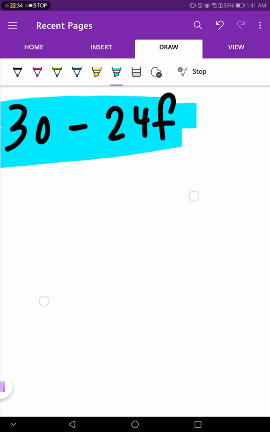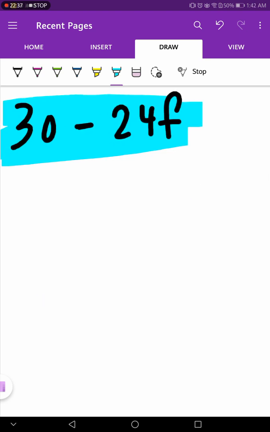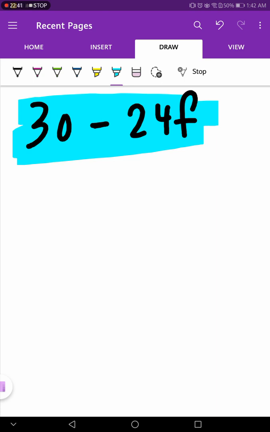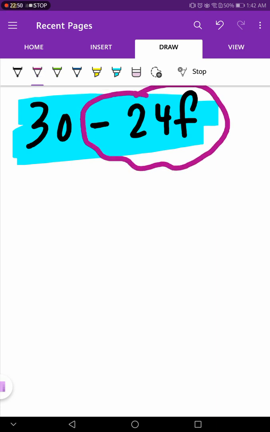Now again, left and right. Okay, move to the side that has the variable and eliminate what? The 30 or the negative 24? No, teacher, I cannot eliminate the negative 24 now because it is stuck with the letter. Okay, it is the coefficient of the f. I eliminate the 30, and the 30 is positive.